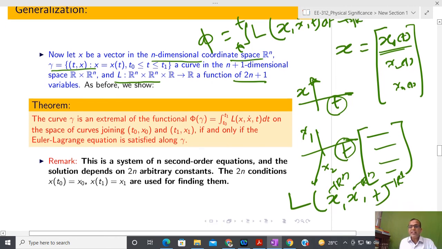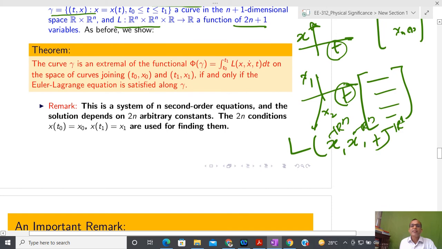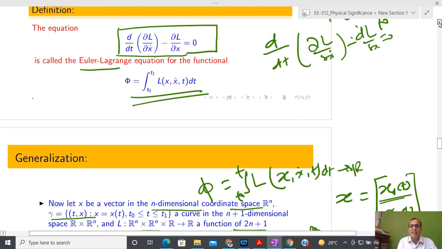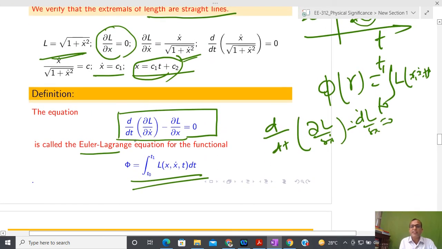It is possible to show that in the case of the Euler-Lagrange equation, if you solve it, it is a second order equation.